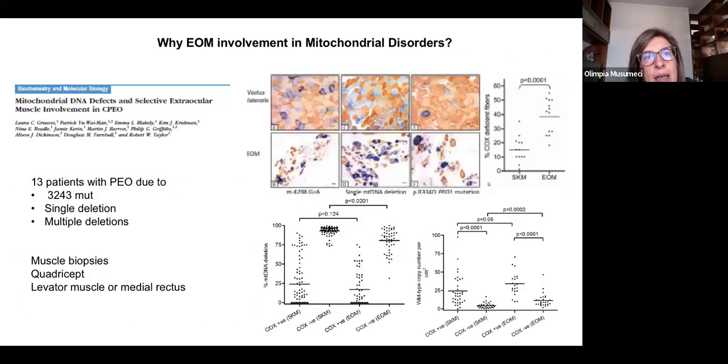Why are the external ocular muscles so involved in mitochondrial disorders?